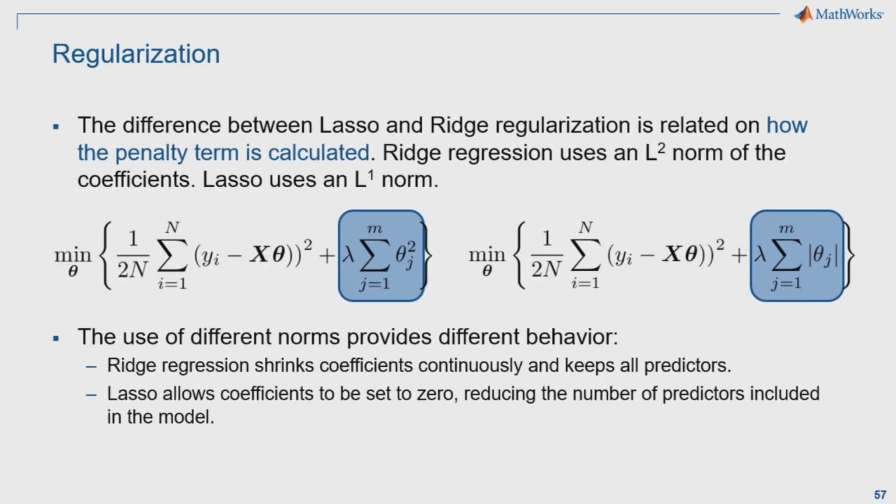This is exactly what I was telling you. So ridge and lasso regression respectively are on the left and on the right side.